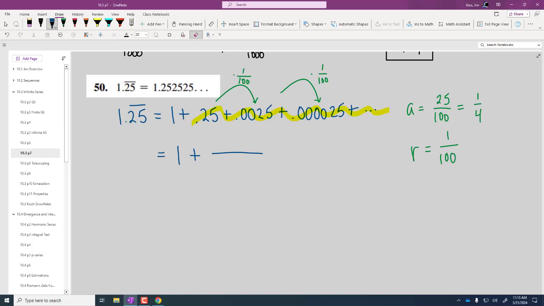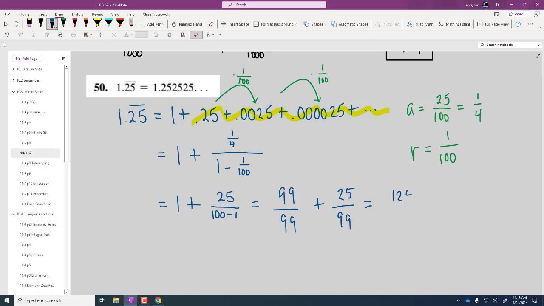So over here, we're going to do a divided by 1 minus r. Multiply everything in that fraction by 100 to simplify it. And we're going to end up with 1, which I'll write as 99 over 99, plus 25 over 99. So we'll end up with 124 divided by 99.